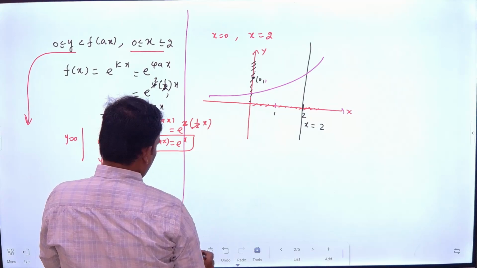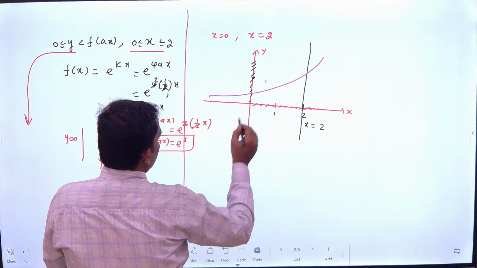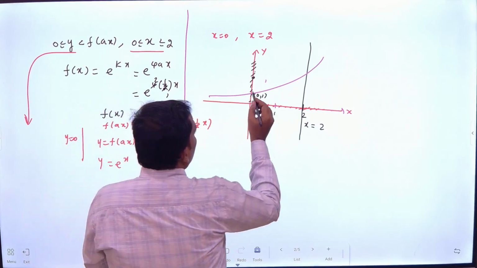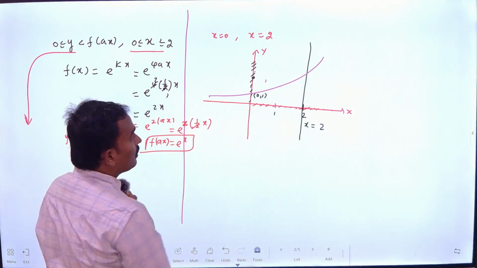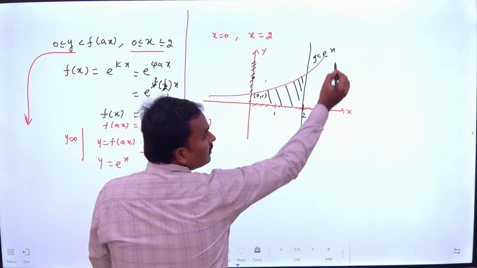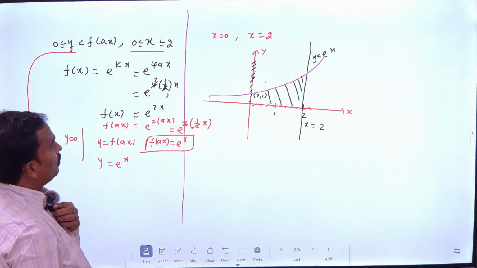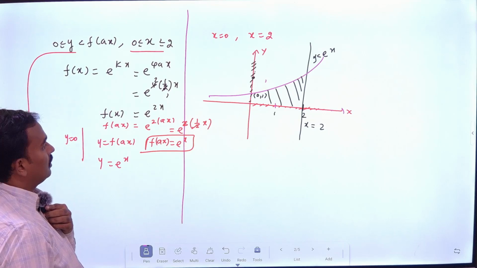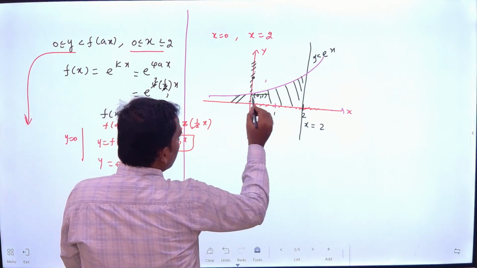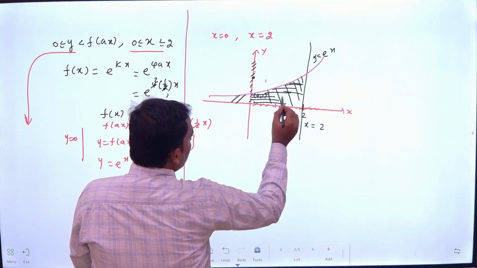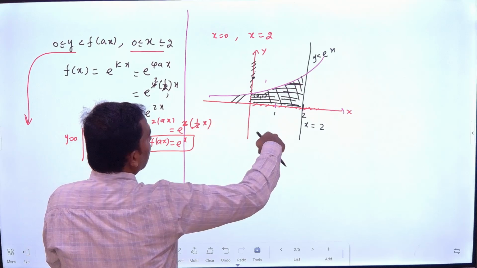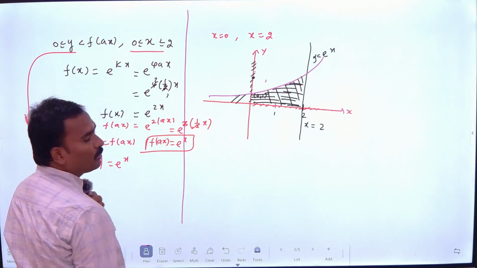Consider here, this is 0 comma 1, right? We need this area only, the area under the curve only, right? This only is required. Y is equal to e power x. Clear? Now, how to find the area under this curve? We don't want this area. We need only this area, right? Correct? Because y is equal to 0, x is equal to 0, and x is equal to 2.